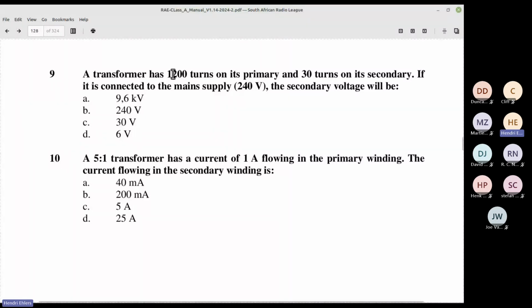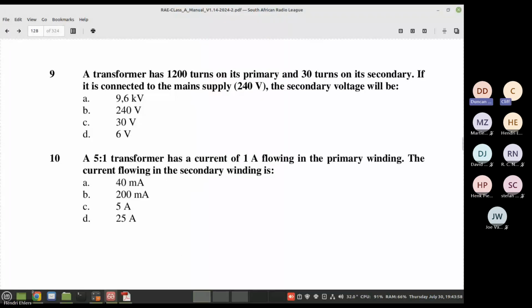So you will divide 1200 by 30, which will give you a 40:1, and then you will put it into that formula that is on the formula sheet, which is voltage on the secondary equals voltage primary times the ratio, which is secondary over primary, and that would be 240 times 1 over 40, which will give you 6. Everybody agree with me?